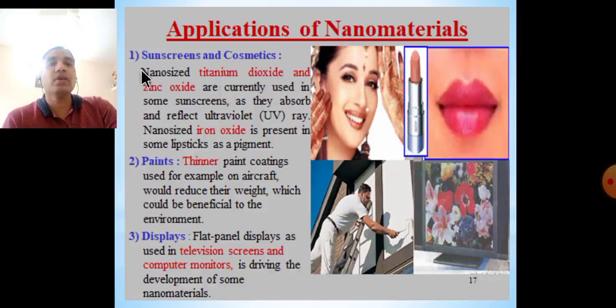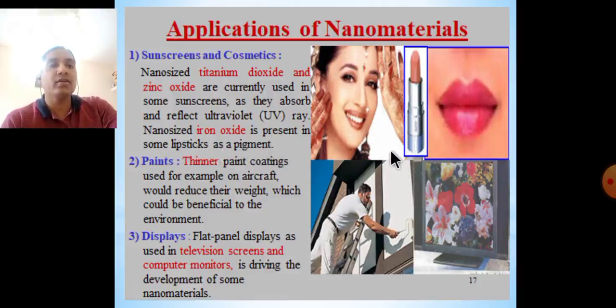Applications of nanomaterials. First application, sunscreen and cosmetics. Nano-sized titanium oxide and zinc oxide are currently used in some sunscreens, as they absorb and reflect ultraviolet rays. Nano-sized iron oxide is present in some lipstick and pigment, that is the color.